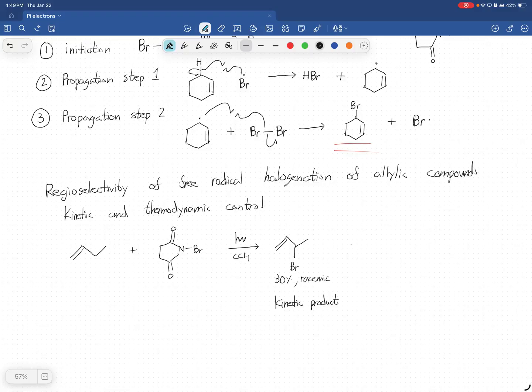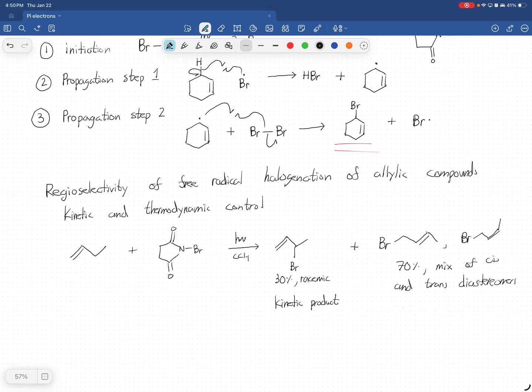All right, and then you get a mixture of two different internal alkenes. So you get this one and Br. Since this is a radical intermediate, you can rotate around the bonds. So you get 70% mix of cis and trans diastereomers.